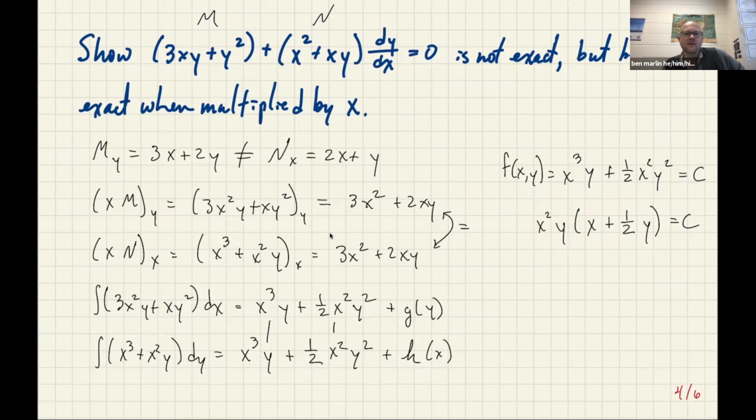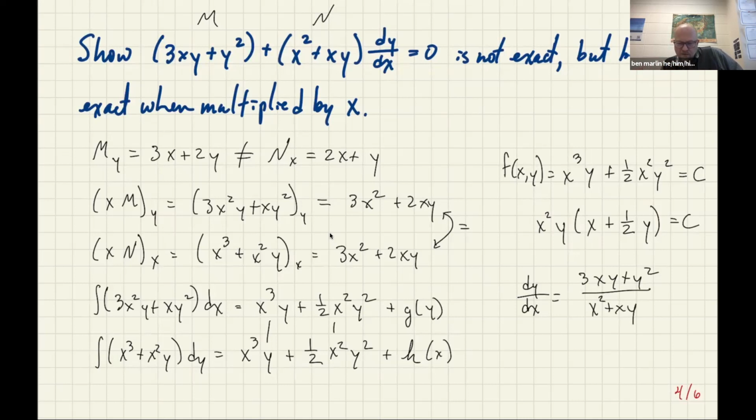Are there other things to talk about? Yeah, we are going to pop over here in just a second, but let me go ahead and write down the dy/dx here: 3xy plus y squared divided by x squared plus xy. Notice that you can factor a y out of the top and an x out of the bottom, but you don't have common factors that cancel out.